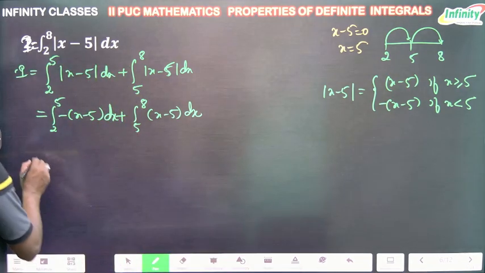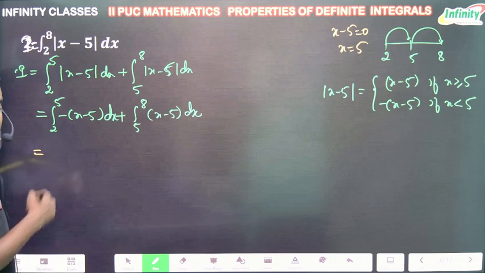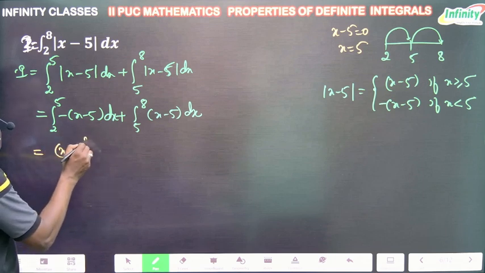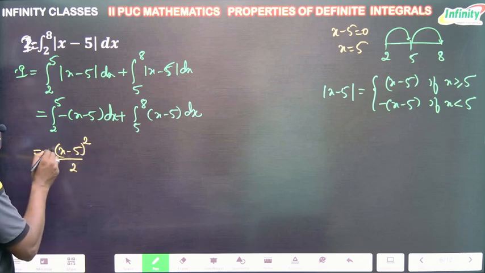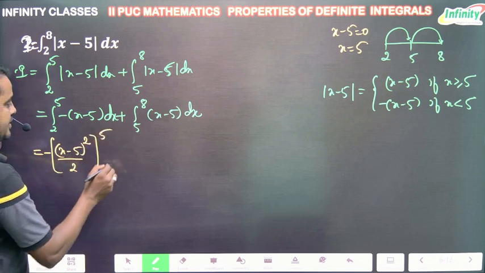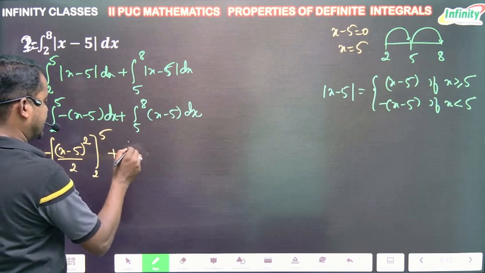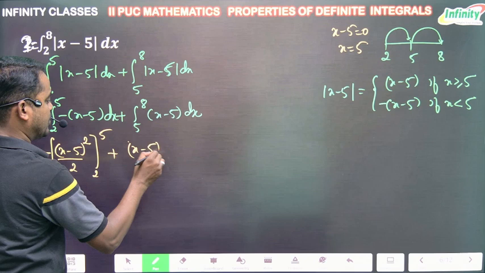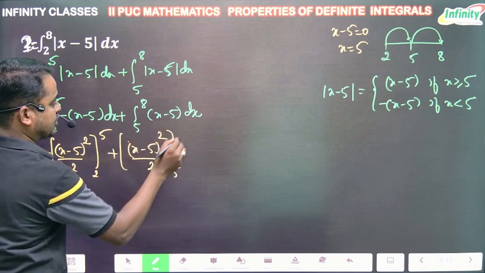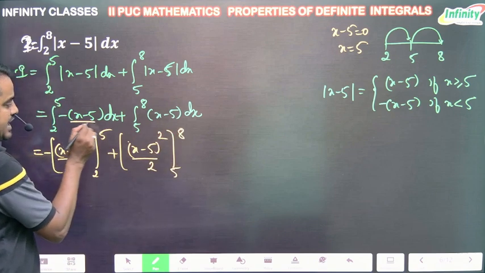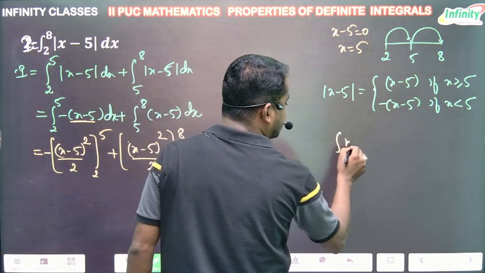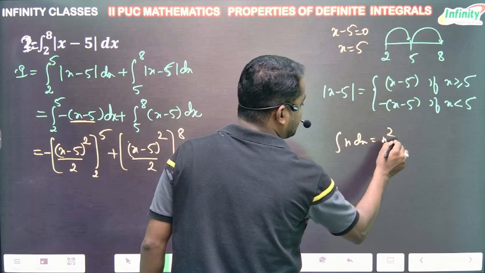Now this one, that is I is equal to, same as we did in the previous problem, integration of x is x square divided by 2, and this minus sign as it is here outside, between the limit 2 to 5, plus x minus 5 whole square divided by 2 between the limit 5 to 8. So we are treating this x minus 5 as x, integration of x dx is x square by 2.